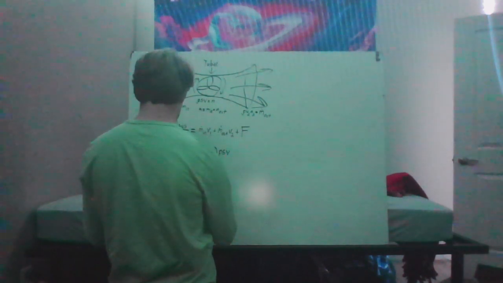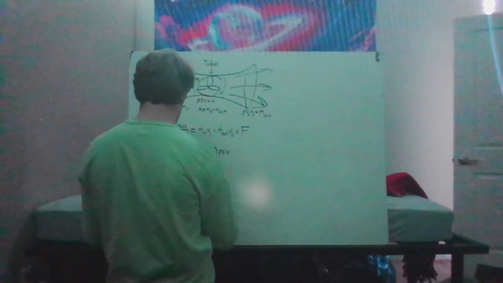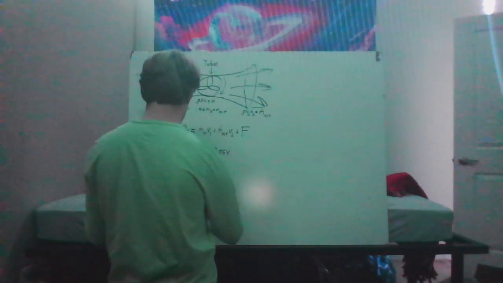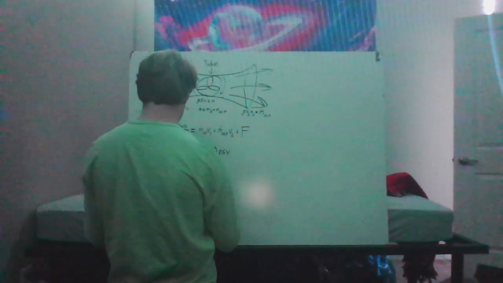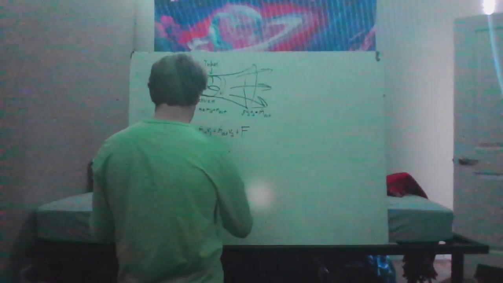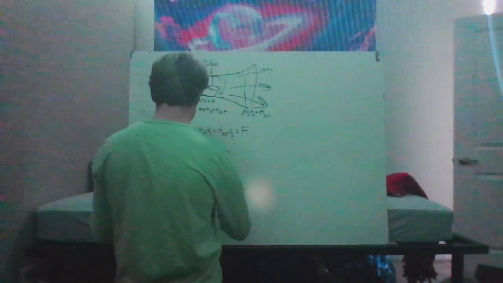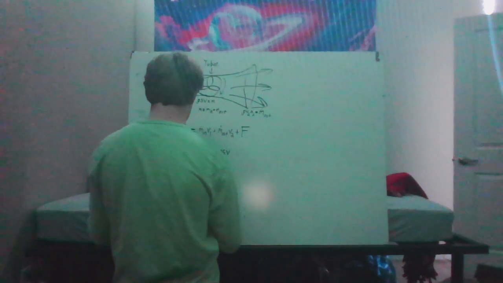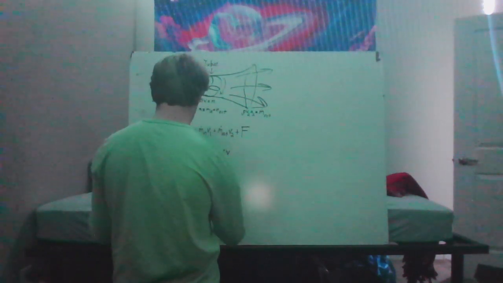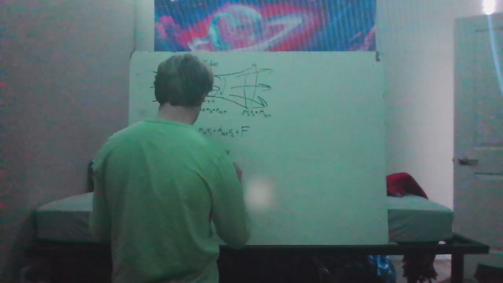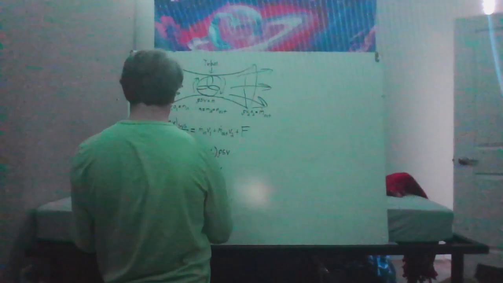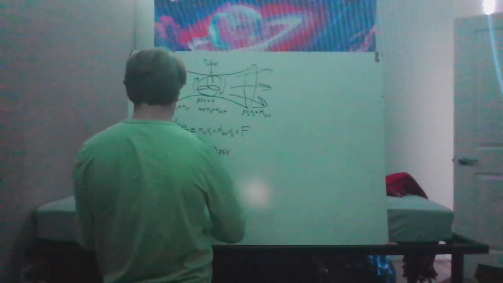So now we can plug that in up here, and the masses will cancel. We end up getting v1 squared minus v2 squared over 2, times our mass flow rate rho S V. And now we also know that power is equal to negative the force times velocity.